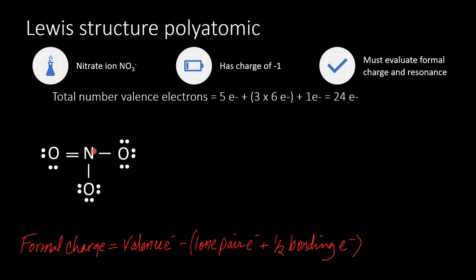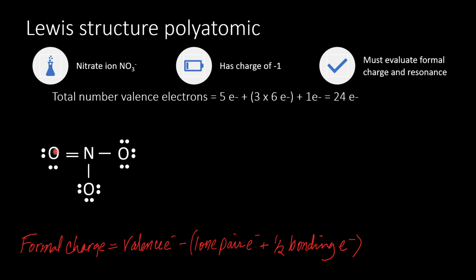Now if we evaluate nitrogen, we will see that if we take its 5 valence electrons, there are no lone pair electrons in this nitrogen, so this number is 0. 1/2 of its bonding electrons: it has 4 bonds with 8 electrons, so 1/2 of its bonding electrons is 4. 5 minus 4 gives us +1 for this nitrogen.